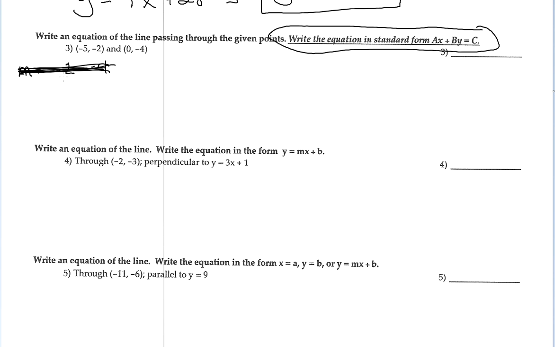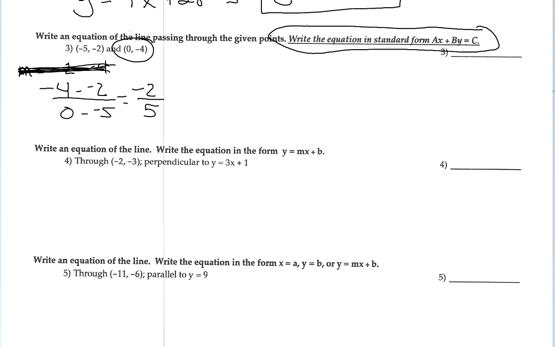So I'm going to have negative 4 minus negative 2 over 0 minus negative 5. That's negative 4 plus 2, which is negative 2, over 0 minus negative 5, which is plus 5. So it'll be negative 2 over 5.